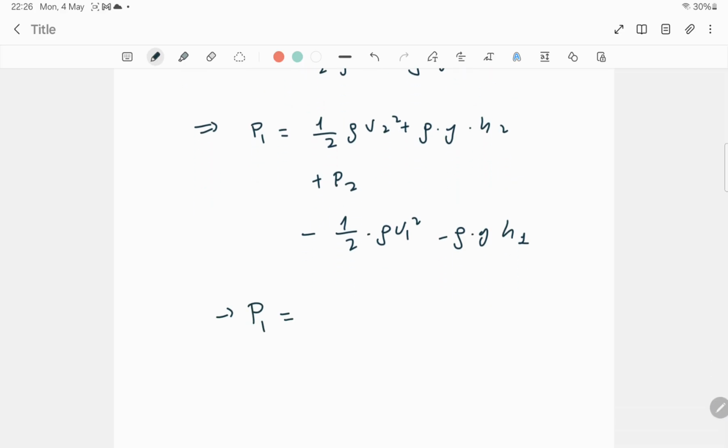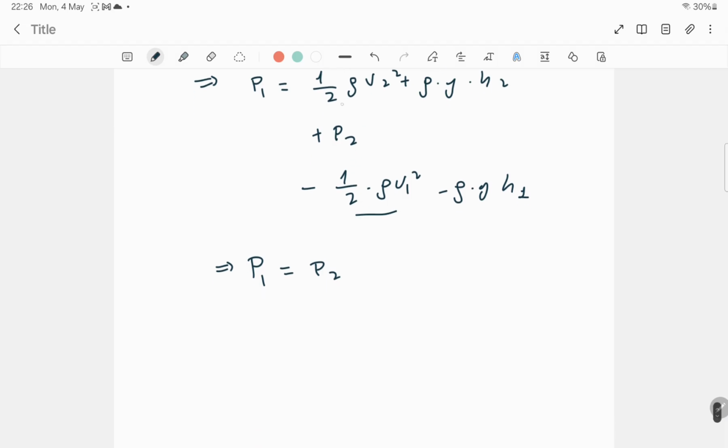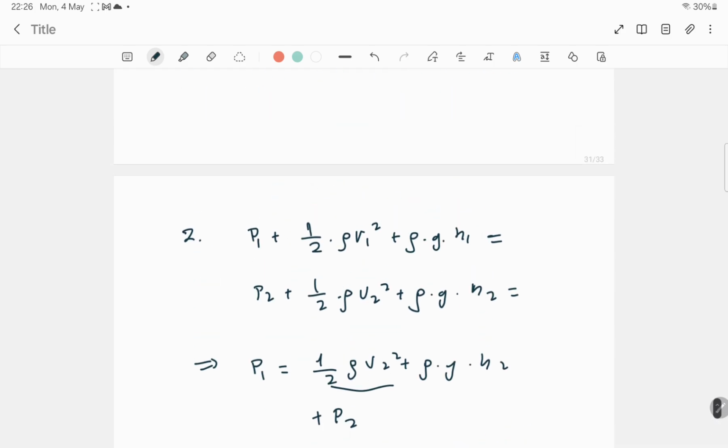So P1 is going to be P2, then you can put this as common factor, plus a half rho V2 squared minus V1 squared, plus rho times G times H2 minus H1.